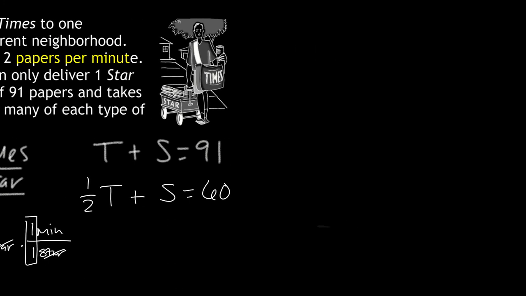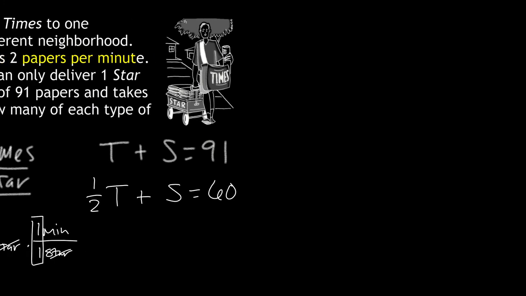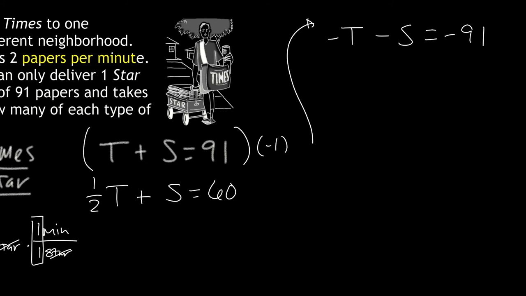So that's a fairly straightforward system of equations to solve. Let's go ahead and solve that using elimination. I'm going to multiply this top equation through by -1, and I get negative T minus S equals -91. Below, the other equation is 1/2 T plus S equals 60.